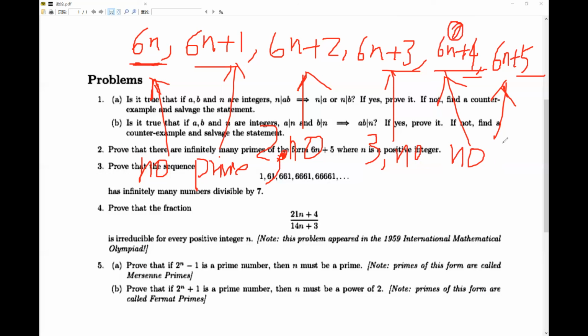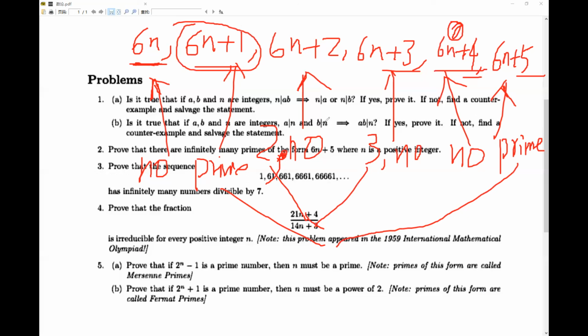So we can see all the prime numbers are from 6n plus 1 and 6n plus 5, and also 2 and 3. The prime numbers fall into these groups, so we need only think of these cases. Now it's better for us to prove that.